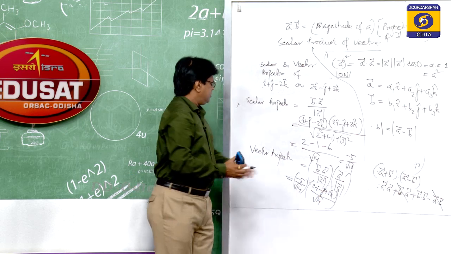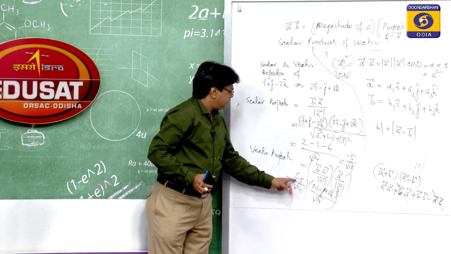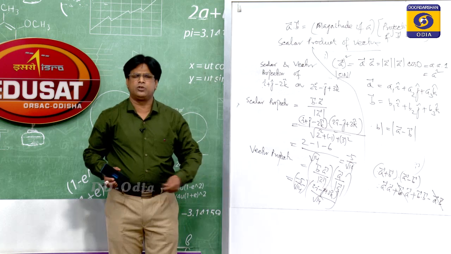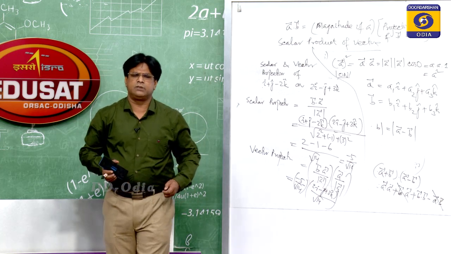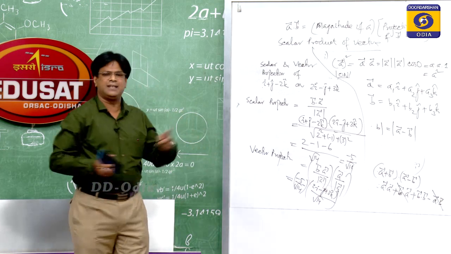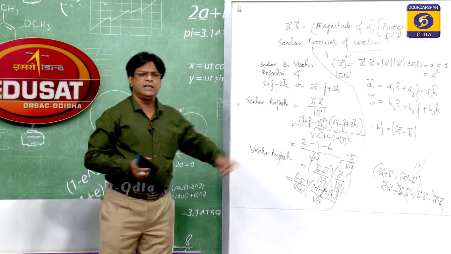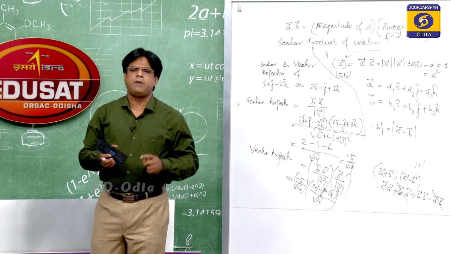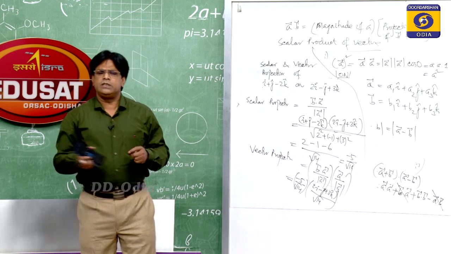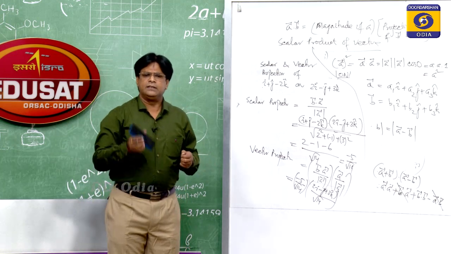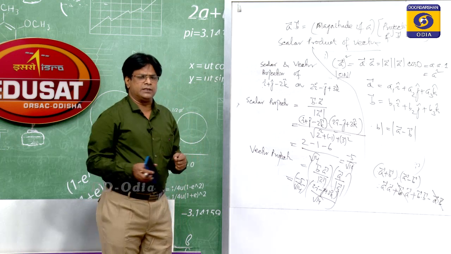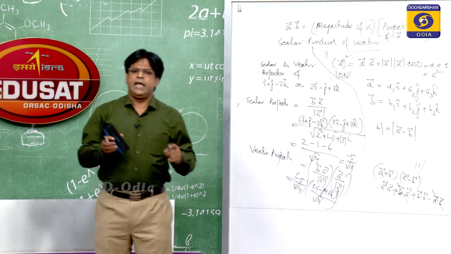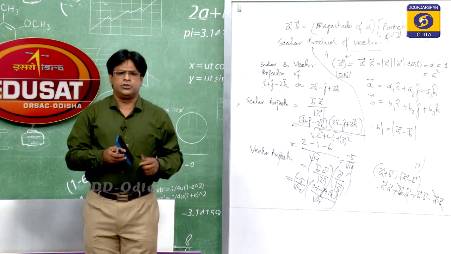So this is nothing but minus 10i plus 5j minus 15k divided by 14. This is your vector projection, because vector projection is a vector, but scalar projection is a scalar quantity. To find the angle between the two vectors, you only have to find the dot product of these two vectors and divide by the magnitudes of the two vectors, because cos theta is equal to A dot B by magnitude of A into magnitude of B.